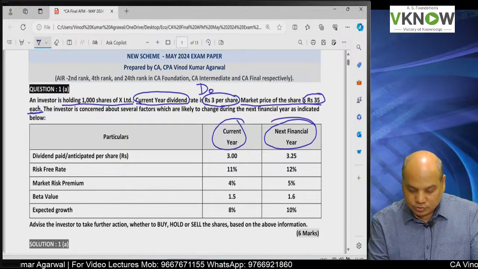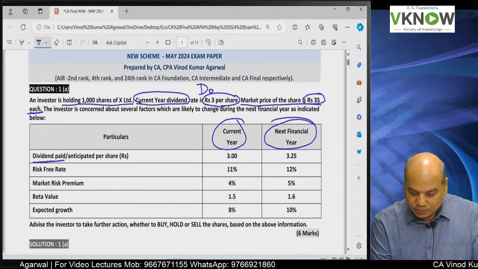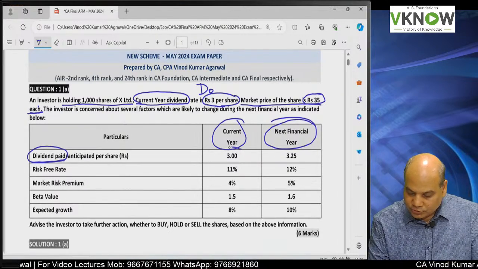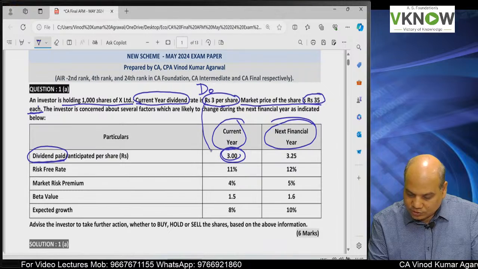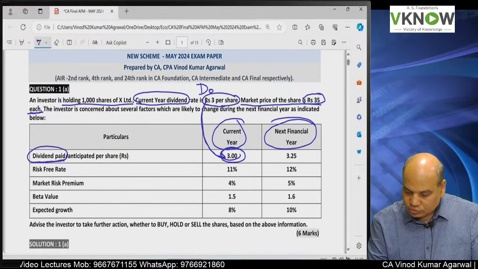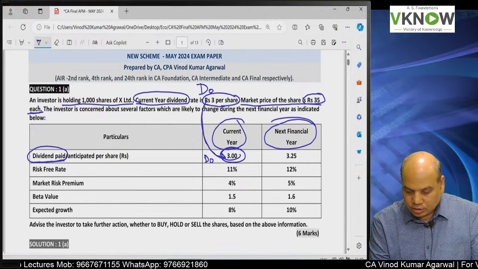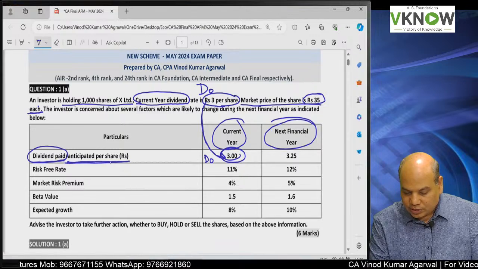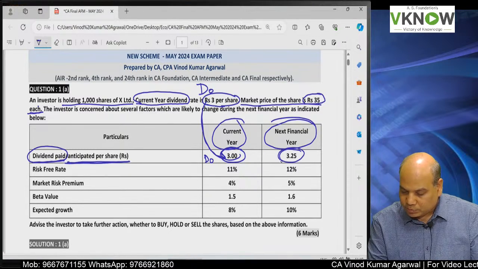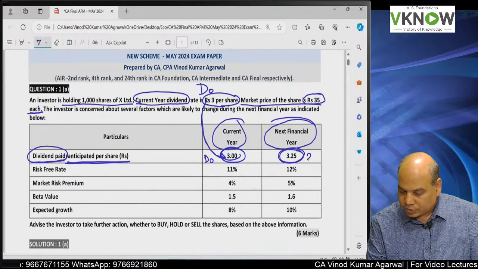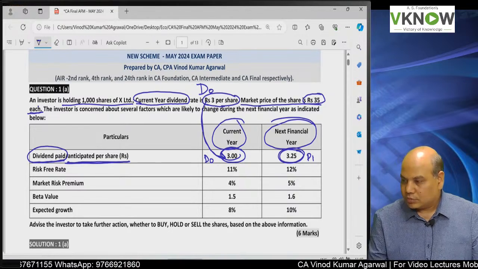So you have to solve it 2 times. It is written dividend paid. This is 3 rupees, already mentioned here, so this is D0. The anticipated dividend per share, 3.25, is D1.